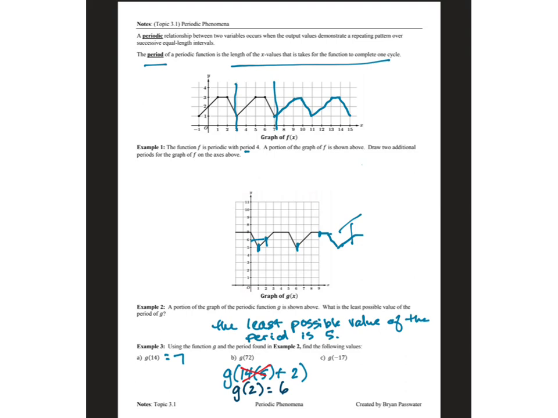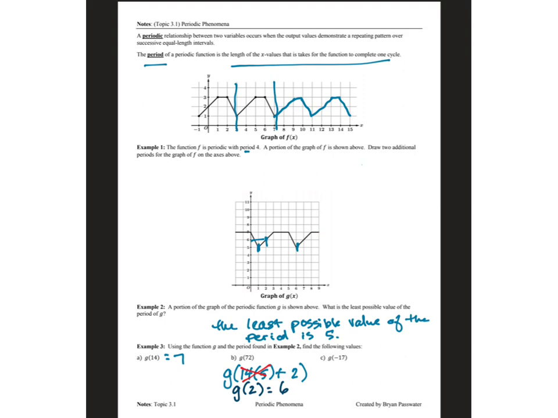Now, how do we do g of negative 17? Same way we did 72. But I'm not going to have negative information up here. Given the information in my table, I've got positive numbers.